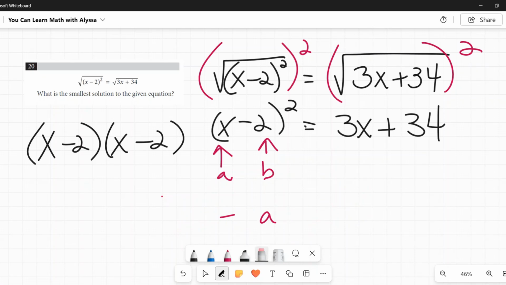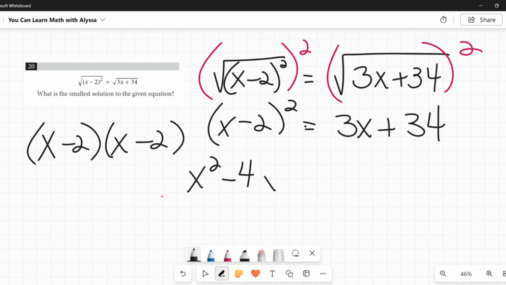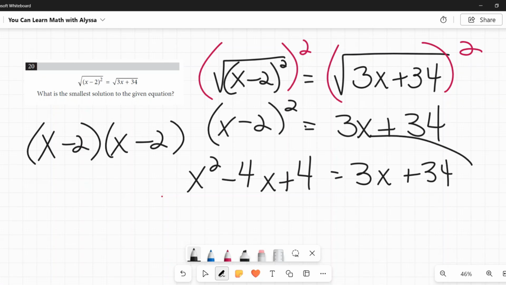But either way that you choose to do it, you're going to get x squared minus 4x plus 4 on the left, and then we have 3x plus 34 on the right. I need to get those over here so that it will be equal to 0, and then I can start solving it. So I'm going to get rid of the 3x first by subtracting 3x on both sides.